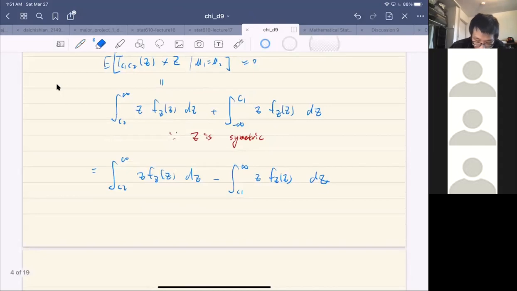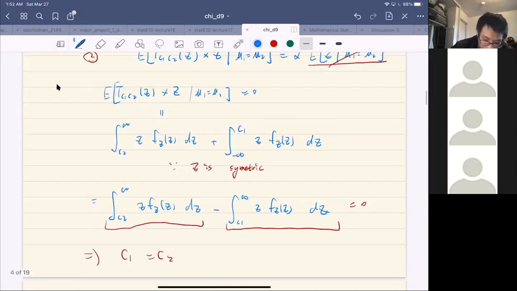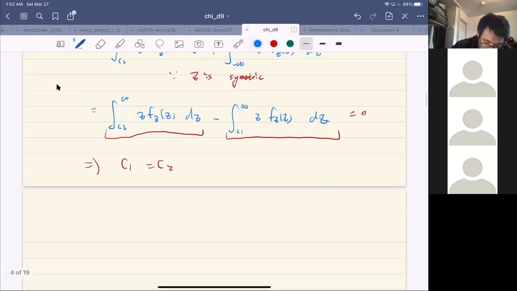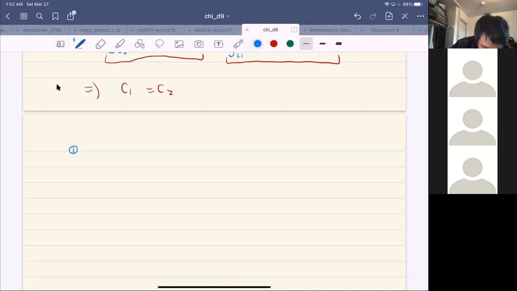These two terms are the same, so that implies C1 equals C2. Then we go back to equation 1. Equation 1 is alpha equal to this.